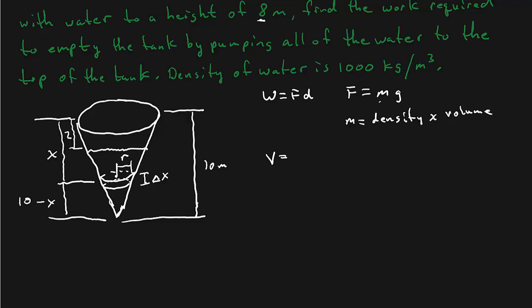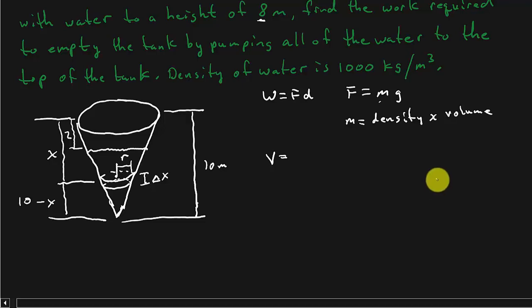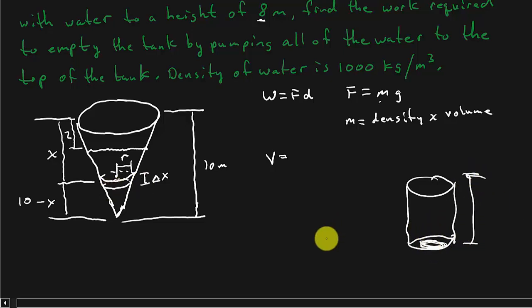The area, because it's a circular base. Think of a Coke can. No, that's not drawn very well, but think of that. What's the volume? It's the area of the base times the height. That's the volume, and that's what we have here.